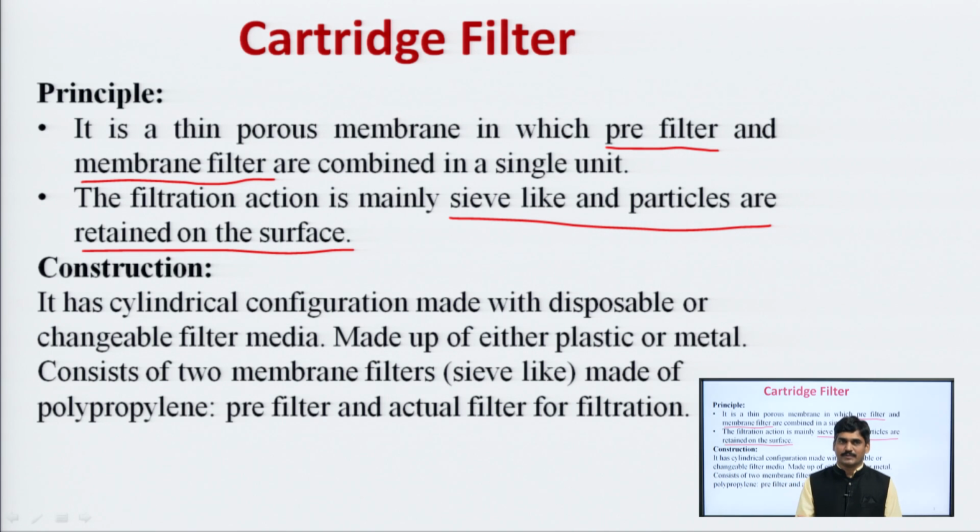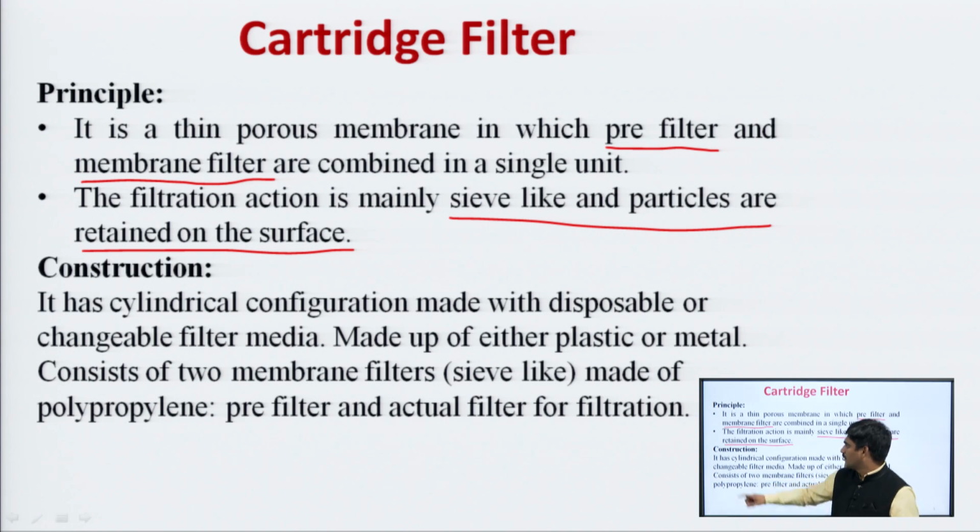In case of sieving, the larger size particles are retained on the sieve and the finer, smaller size particles pass through the sieve. In a similar way, filtration takes place here also. The solid particles are retained on the surface and the filtrate passes through the filters.